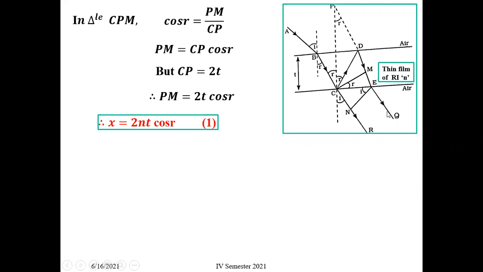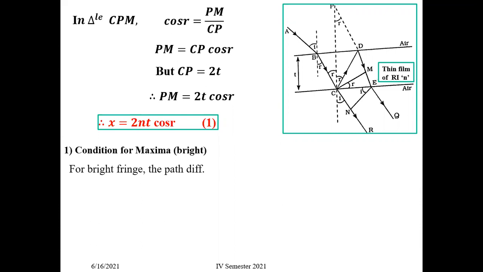So we know the condition for getting the bright fringe and the condition for getting the dark fringe. First I have to discuss the condition for getting the bright fringe, or maxima, in the interference pattern. For a bright fringe, the path difference x should be an integral multiple of the wavelength of the incident light: x is equal to m lambda.